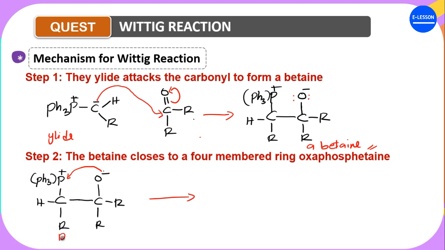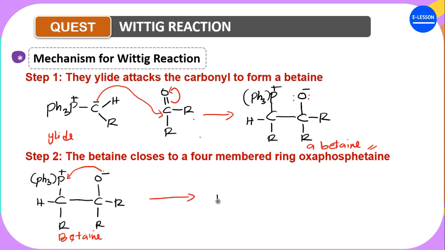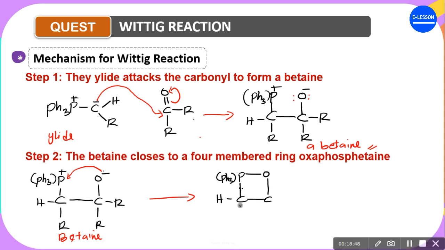Of course, everybody knows what this means. This is a betaine. Now when this closes, the product that we expect to form is something like this. You form H, C, then you form P, PH3, then it's going to form this ring structure like this, and then you have your arrows.